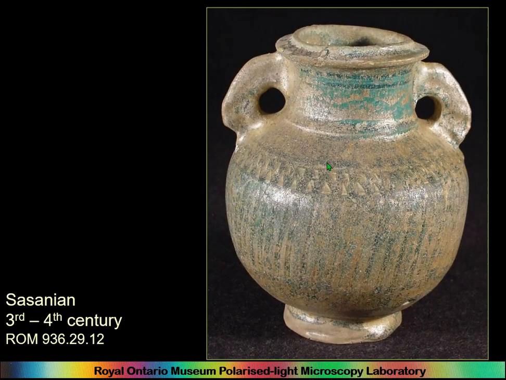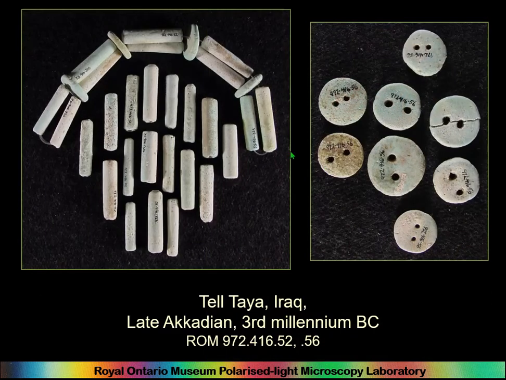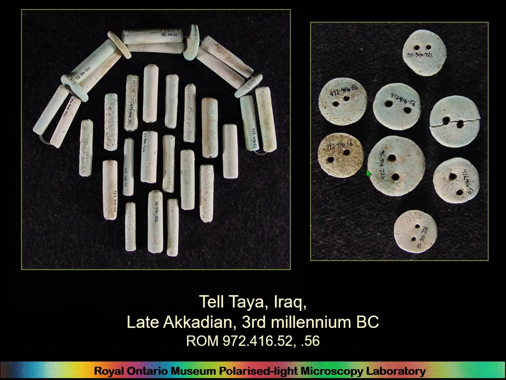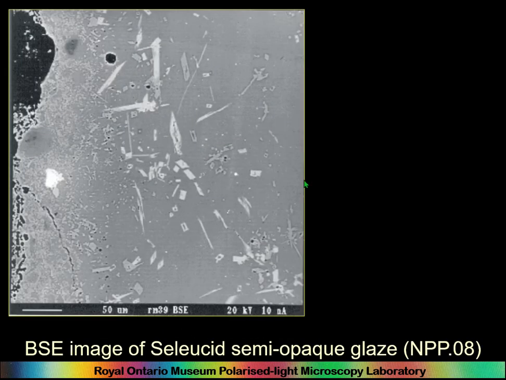Yes, a later one, Sasanian. And here are earlier, so these are our faience beads, or glaze composition beads, with an alkali glaze on the outside, actually keeping all the quartz together. So this is a Seleucid glaze.